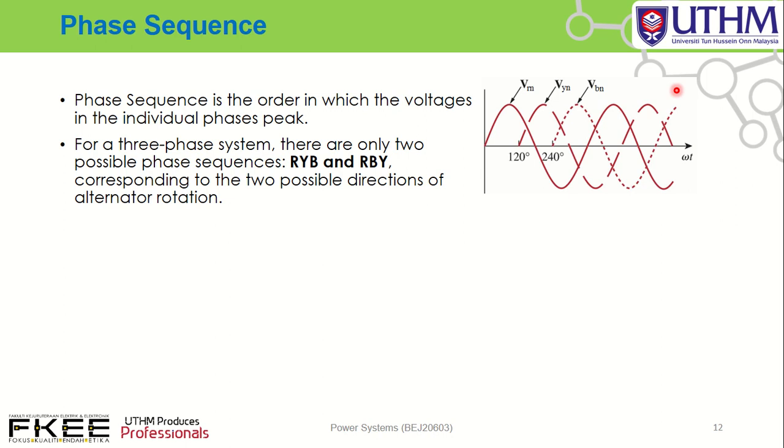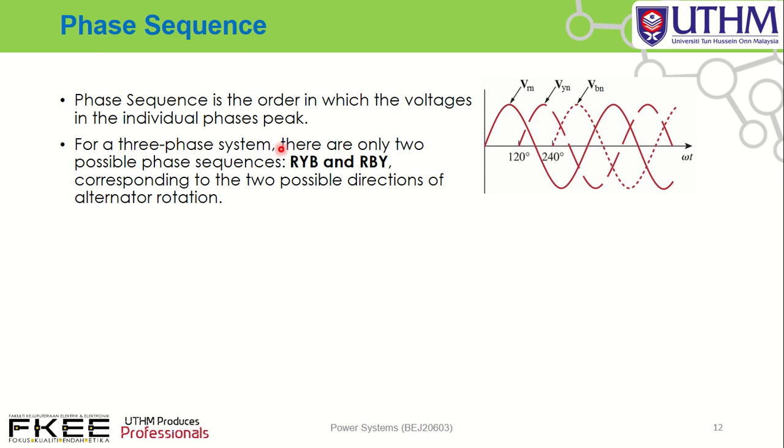In the phase sequence we have two different sequences. Number one, we call it RYB: R comes first, followed by Y, and then followed by B. That is the red phase, followed by yellow, then followed by blue.